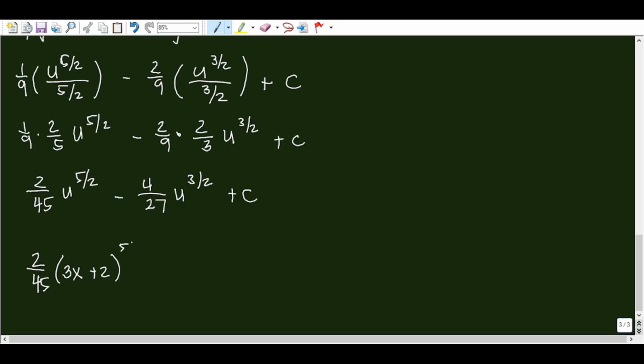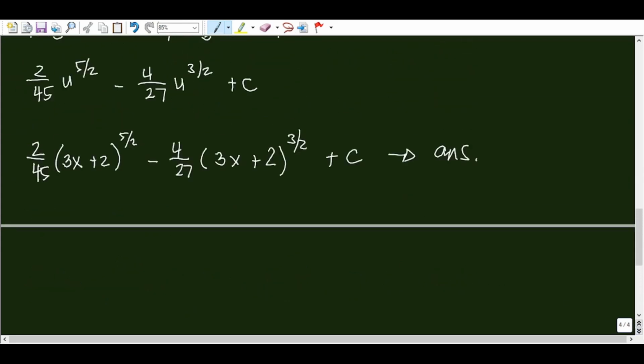raised to 5 over 2 minus 4 over 27 times 3x plus 2 raised to 3/2 plus c. You may choose that this will now become your final answer, or if you want, you may use yung paggamit ng radical sign.